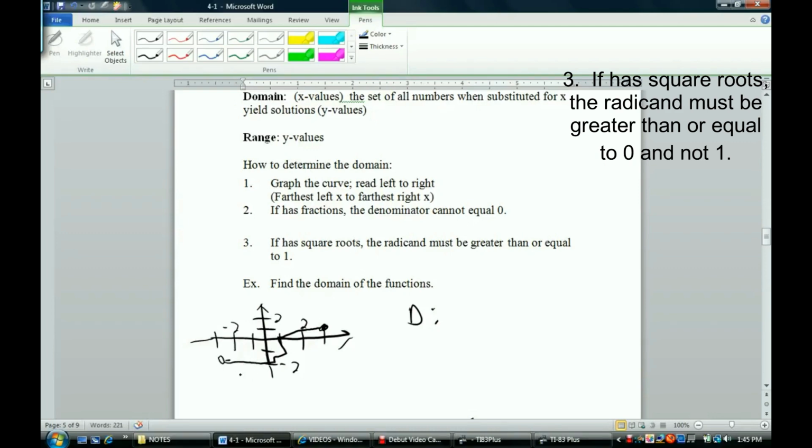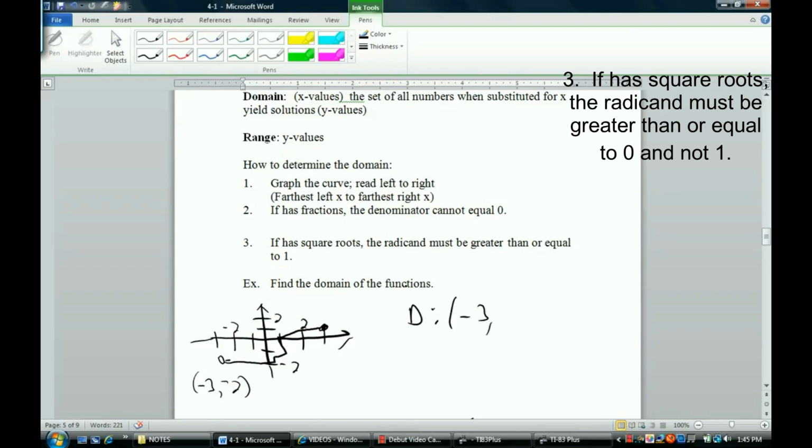What you could do is actually label this point. It's left 3, down 2. So how far left does it go? Well, I only care about the x value for the domain, so it goes to negative 3. But since it's an open circle, I'm going to use parentheses. And then the curve exists throughout.